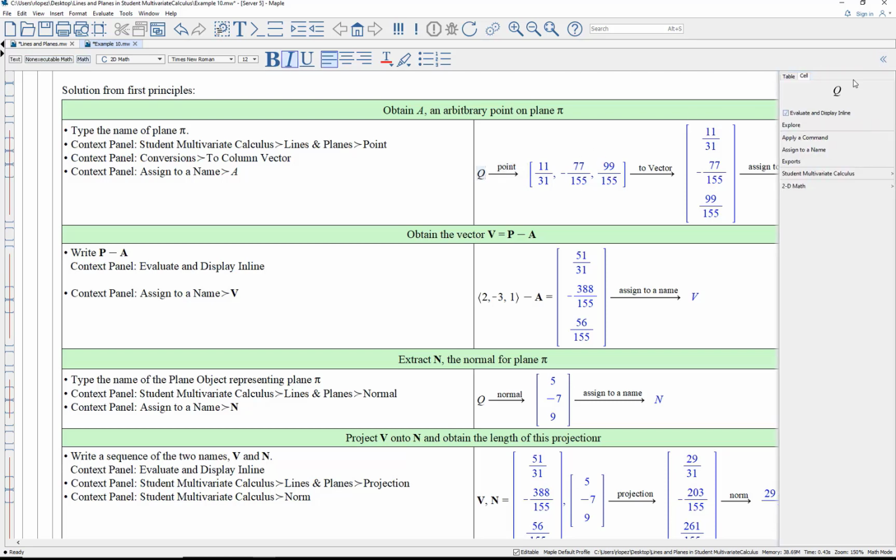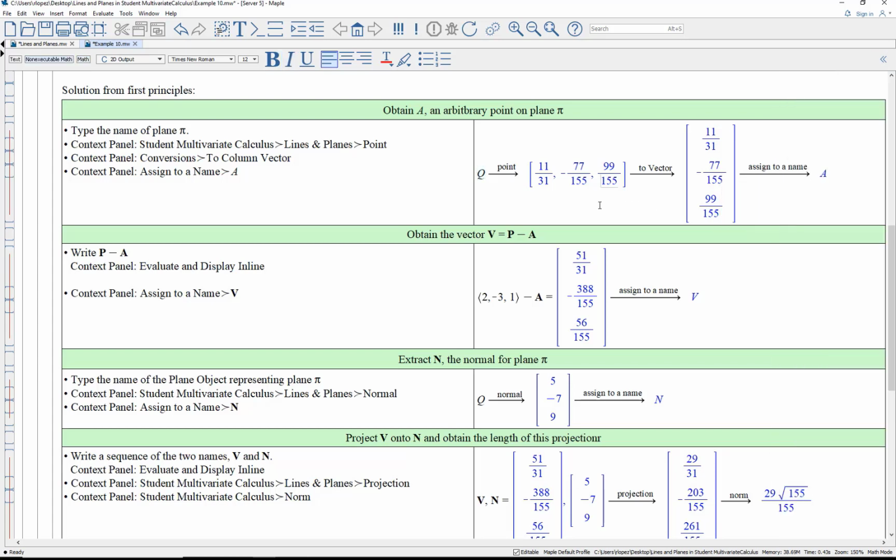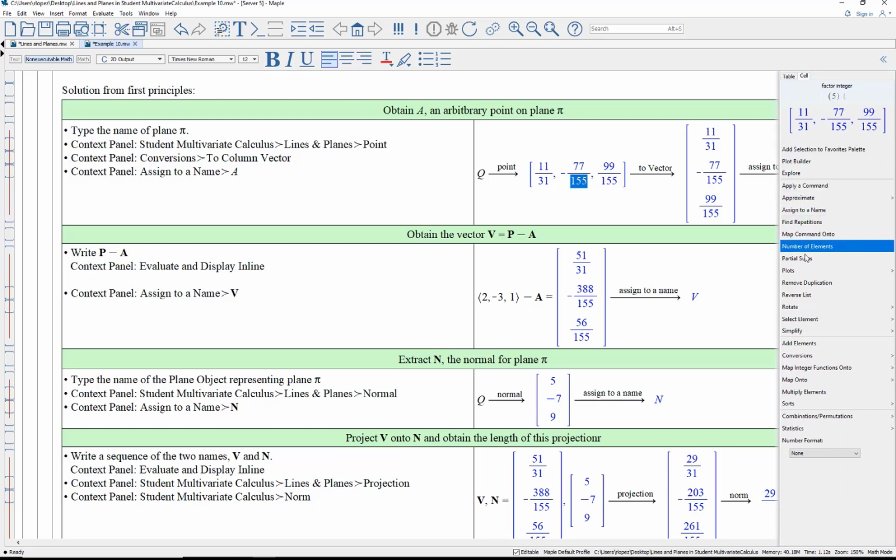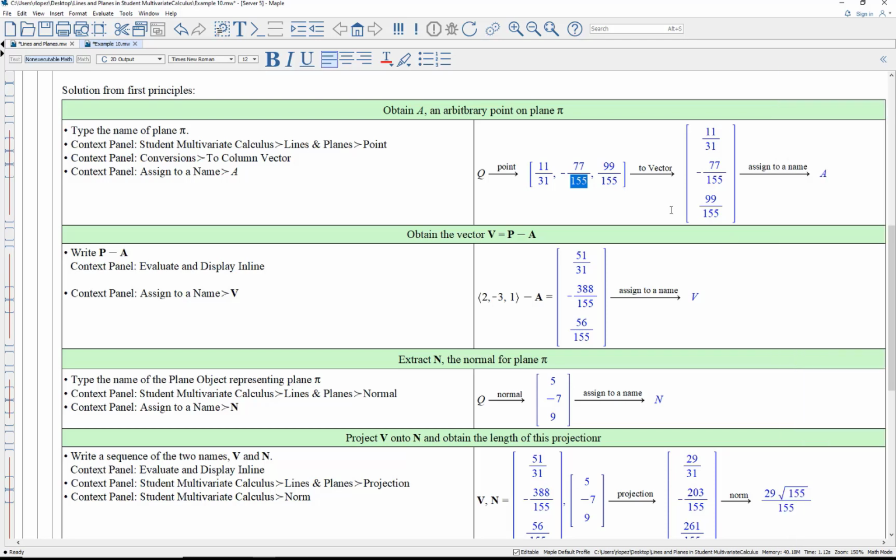If you use the context panel, Student Multivariate Calculus, Lines and Planes, Point, Maple will find a point on that plane. It comes back as a list. It needs to be converted to a vector. So Conversions, Column Vector, and then assign it to a name, A.